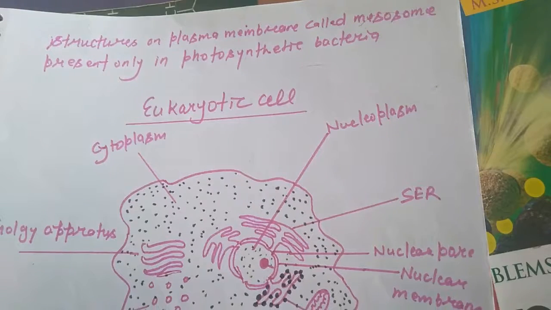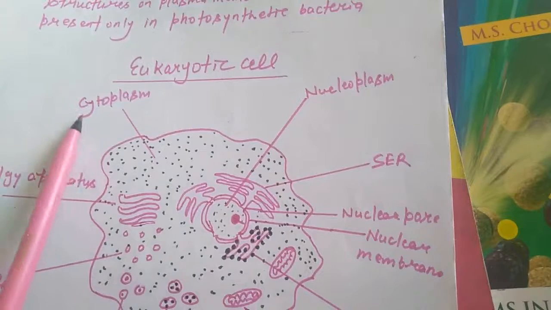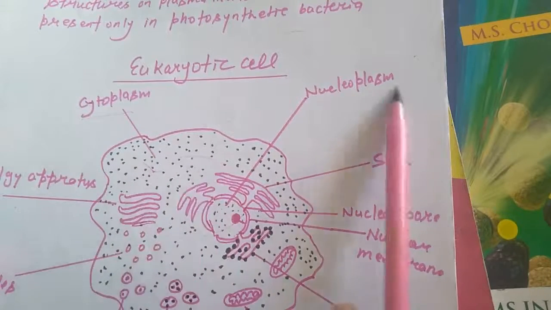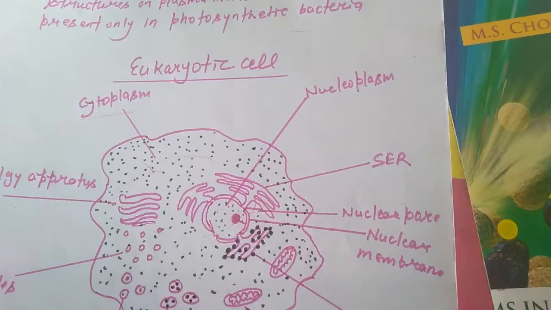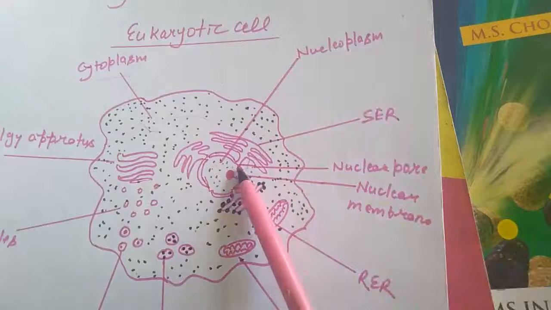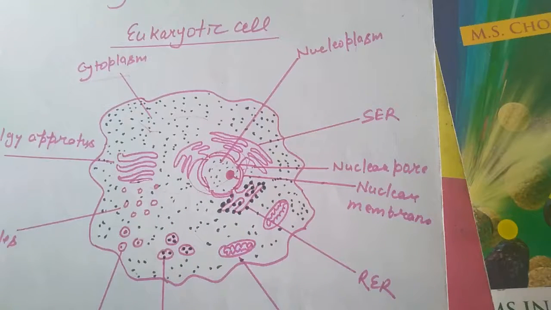Now look at the structure of the eukaryotic cell. This fluid-like structure is called cytoplasm. The nucleus is well defined in the eukaryotic cell. This is nucleoplasm, and this whole structure is called the nucleus of the eukaryotic cell.